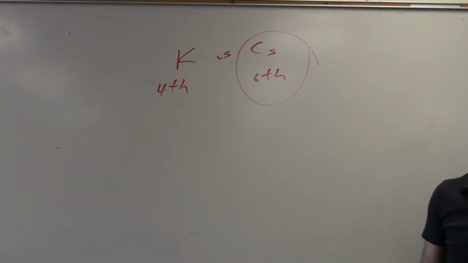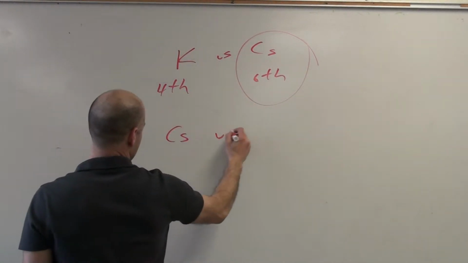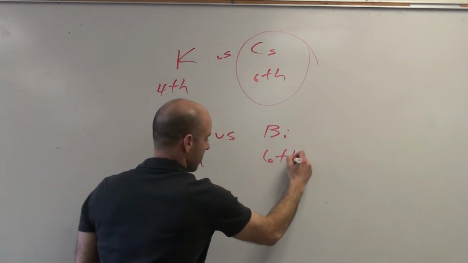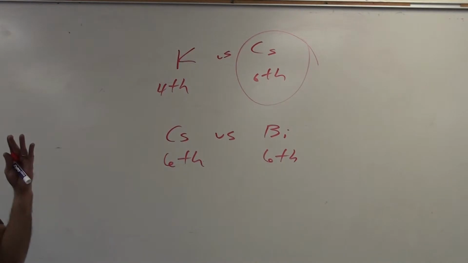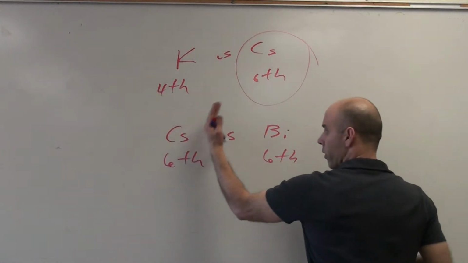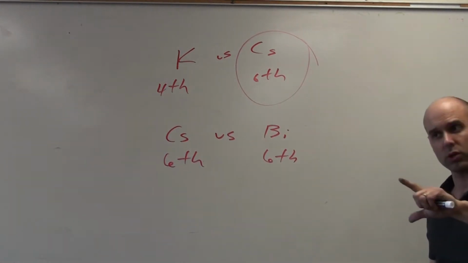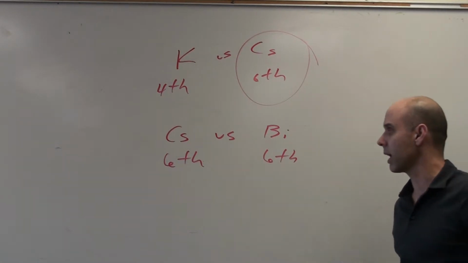If I compare cesium versus bismuth, they're both in the 6th energy level. But as you go across, the nucleus pulls the electrons in slightly. So every time you go one over on the row, you add one proton, you also add one electron, but that proton has the effect of slightly shrinking the atom.